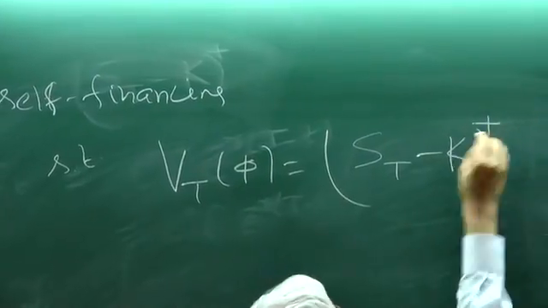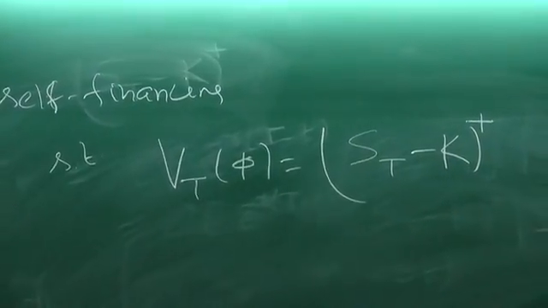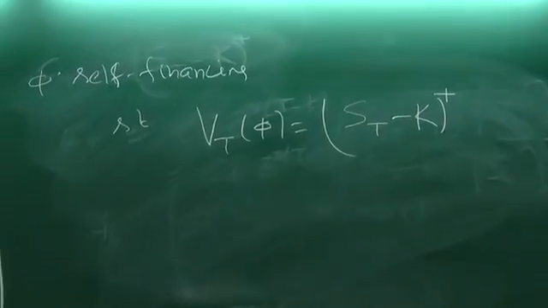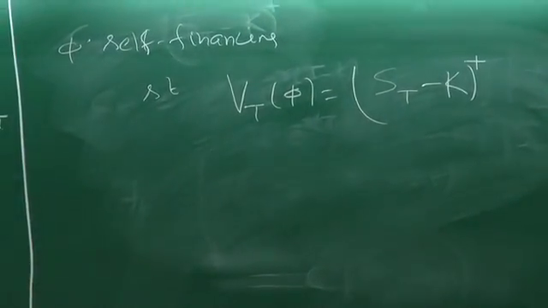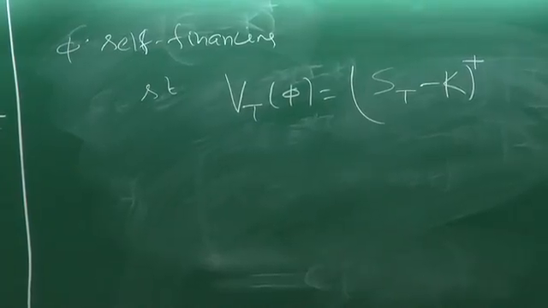This is the call option that I am going to price. So I must have a self-financing strategy which replicates the call, and through this I am going to price it, not using a martingale measure. I will come to the martingale measure a little later.